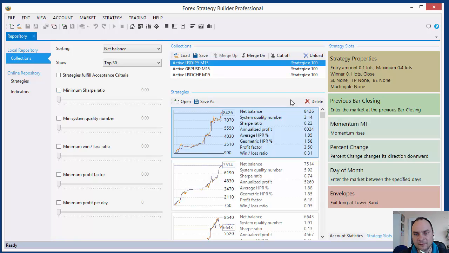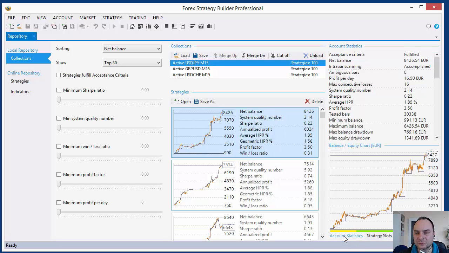But let's see what I have here. These are sorted by net balance. When I click on a strategy, the program loads the strategy and shows here the strategy slots, and also the program recalculates the strategy and shows the full statistics here and the actual balance.